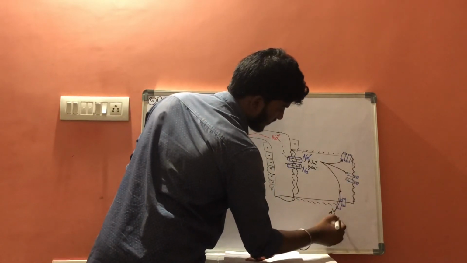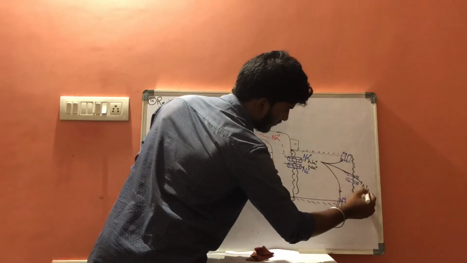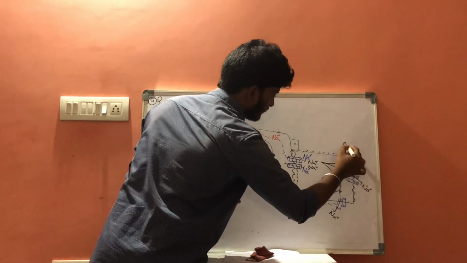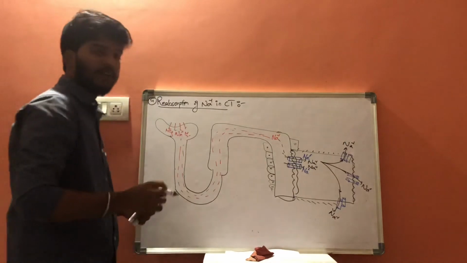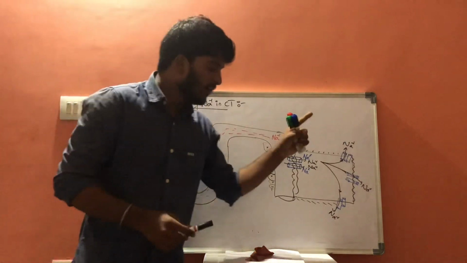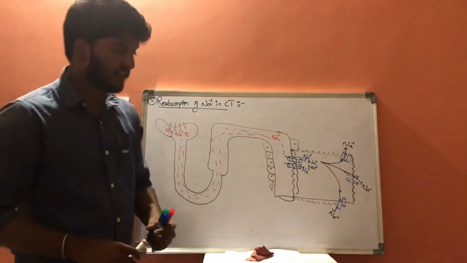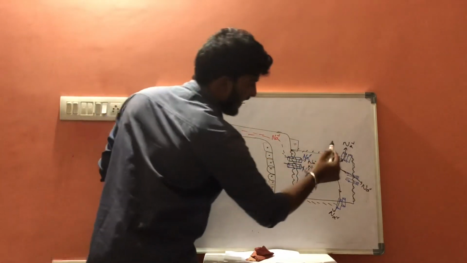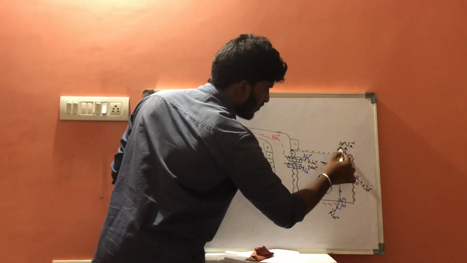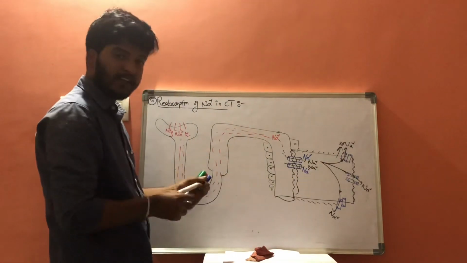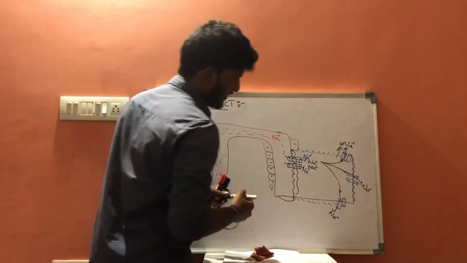There will be efflux of sodium ions. One point to remember is that the sodium potassium ATPase takes 3 sodium ions outside and brings 2 potassium ions inside.